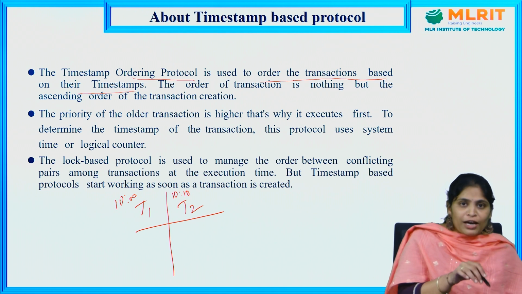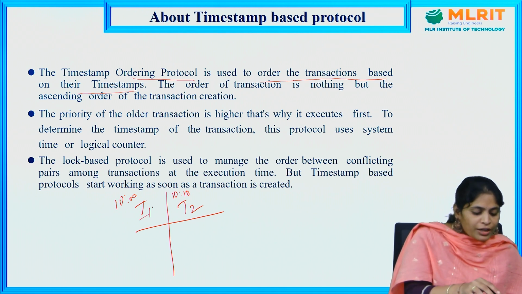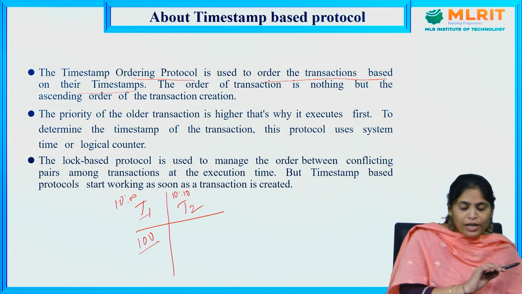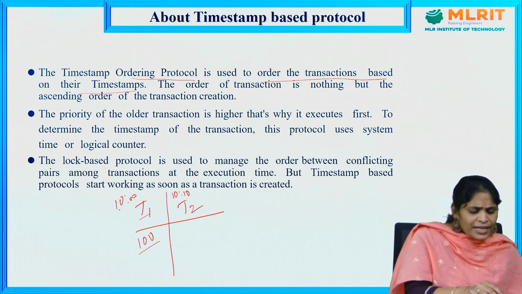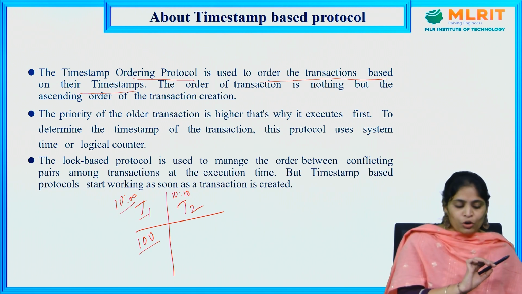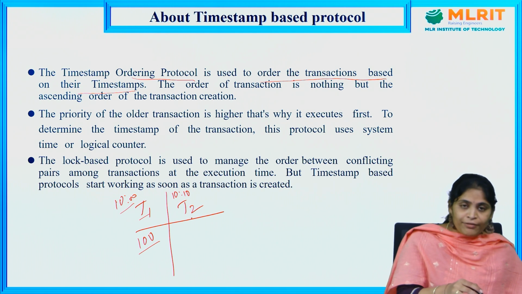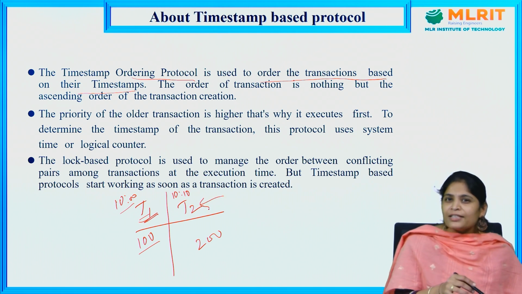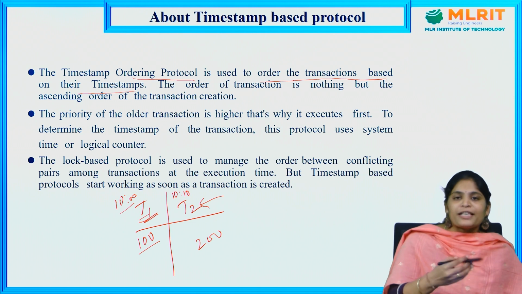Let us give one value: the timestamp of T1 is, for example, 100, a unique value, because it has entered at a particular time. And let us give a unique value to T2 which is greater than T1, because it has entered recently. For recent transactions, we have to give the maximum value.